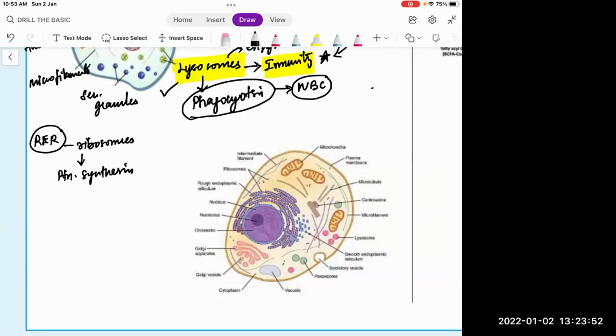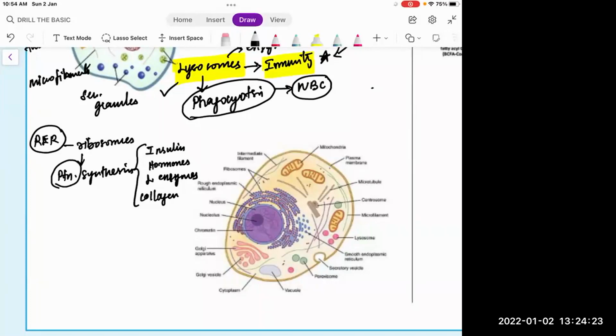The proteins synthesized include insulin and some hormones. It also produces lysosomal enzymes and is involved in collagen synthesis. These are some examples of substances produced by the rough endoplasmic reticulum.